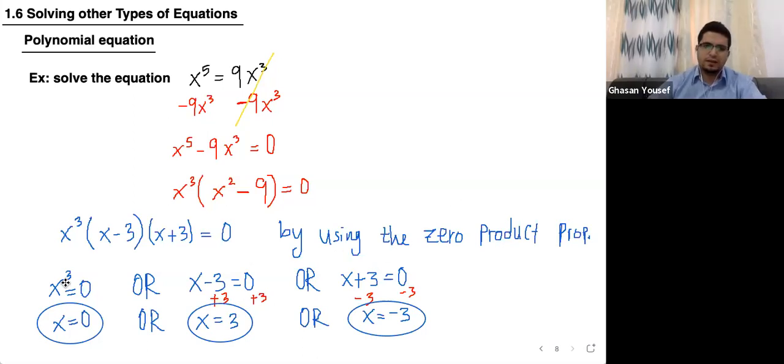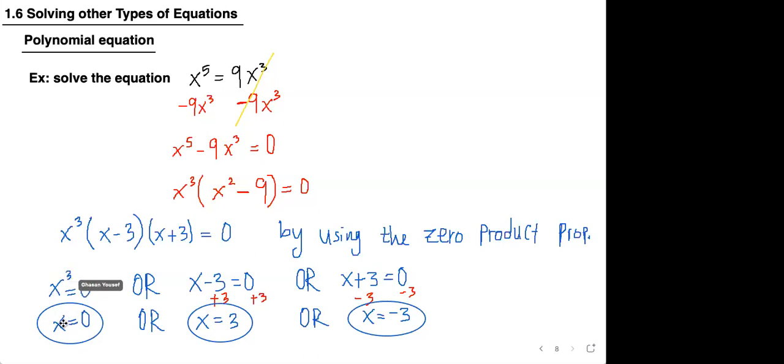How do we get rid of the power 3? The least common factor is x to the 3, because that's what is common between these two terms. That's the least common multiple, x to the 3. Correct.